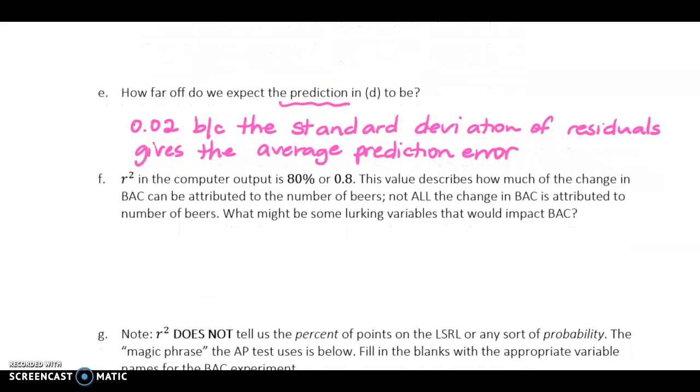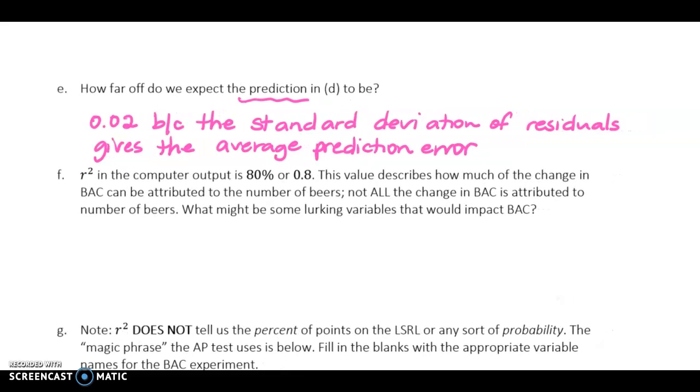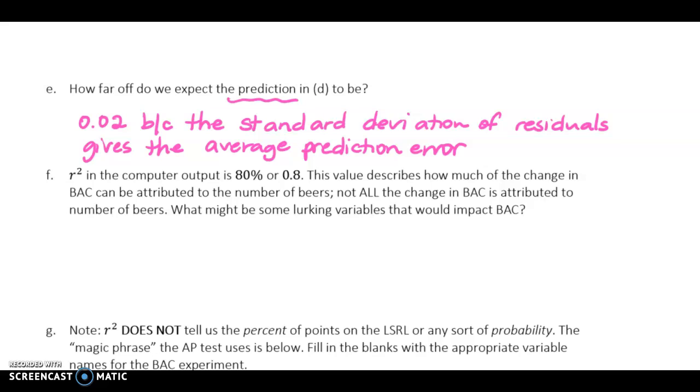Okay, so R squared, which is what's called the coefficient of determination, in the computer output is 80% or 0.8. This value describes how much of the change in blood alcohol is attributed to the number of beers. Not all of your change in blood alcohol is attributed to the number of beers. There are obviously other lurking variables, for instance sex, males and females. Ethnicity. There is a difference in how alcohol is metabolized by different ethnicities.